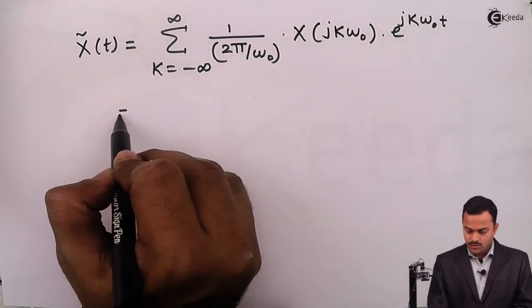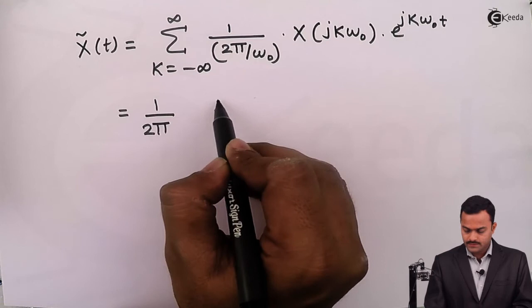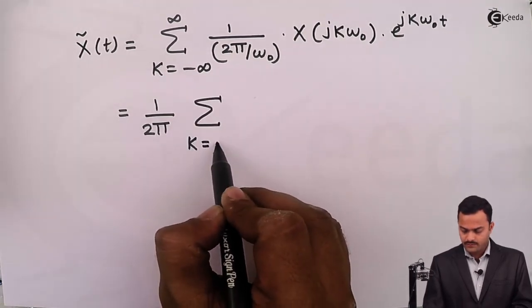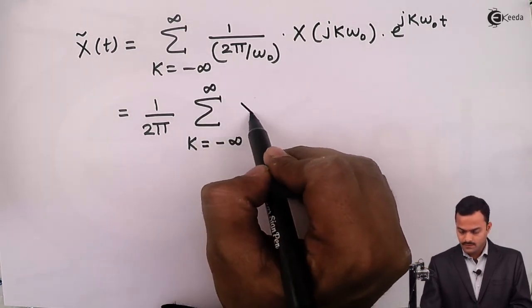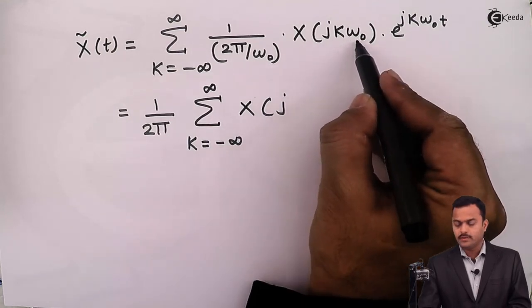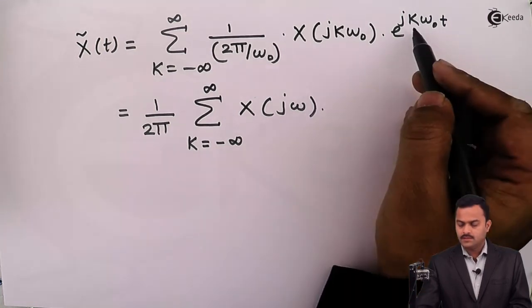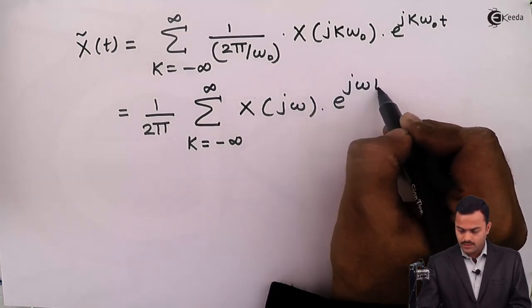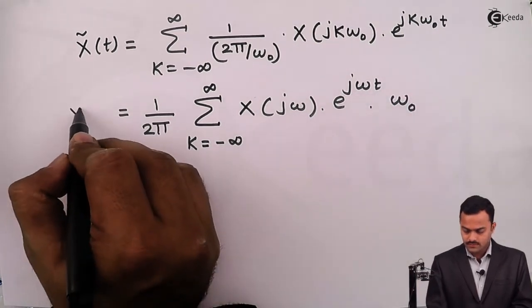Now with just a modification, we will get 1 upon 2 pi, summation k from minus infinity to infinity, X of j, I can consider this k omega 0 as omega, into e raised to j omega t multiplied by omega 0.